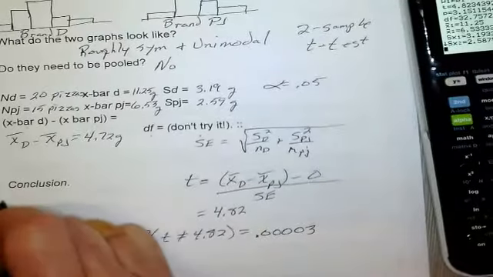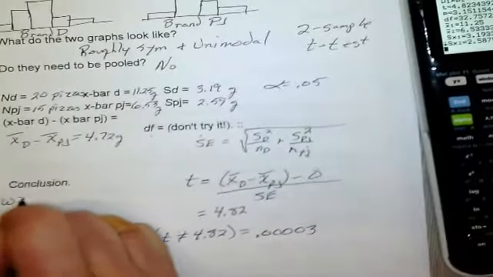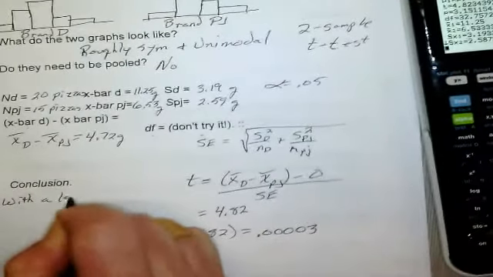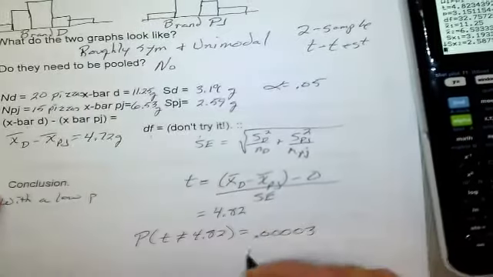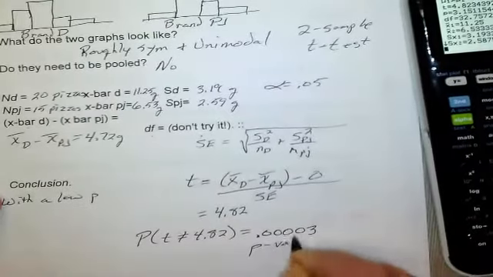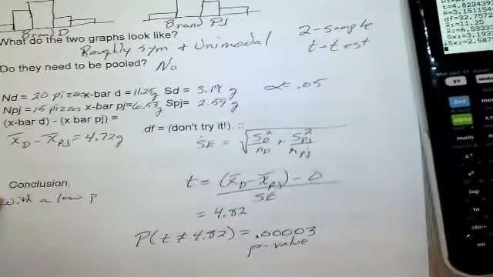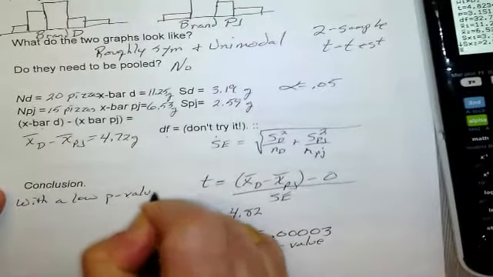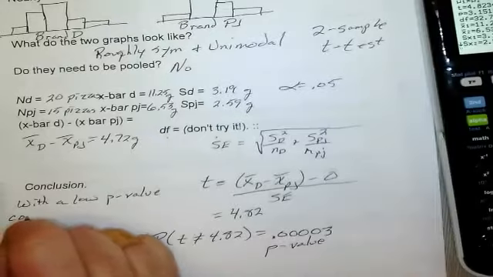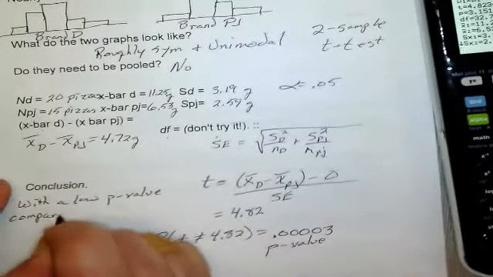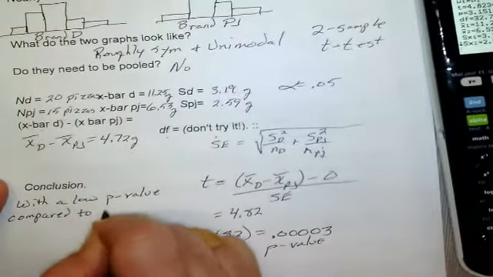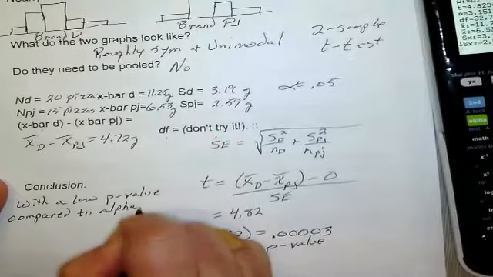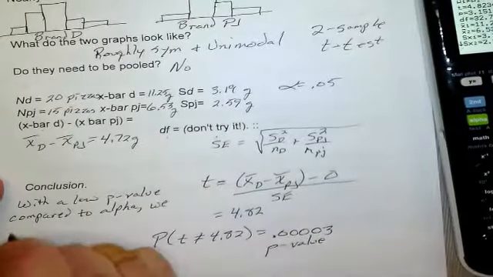So here's our conclusion. With a low p-value compared to alpha, here's my p-value. With a low p-value compared to alpha, we reject the null.